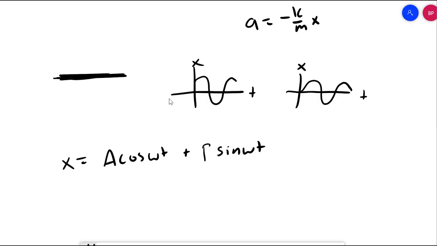So these are just some real numbers. Okay, but our problem told us that at time equals 0, it's at its maximum position, maximum positive displacement. And so x at t equals 0 is the amplitude. So let's call that little a.